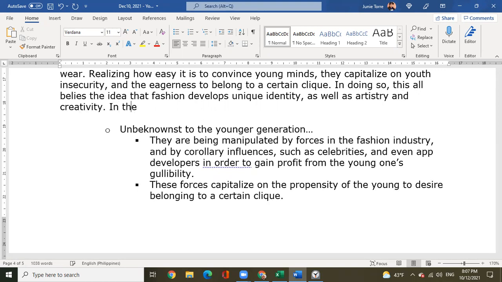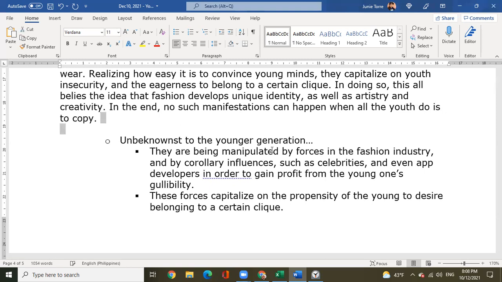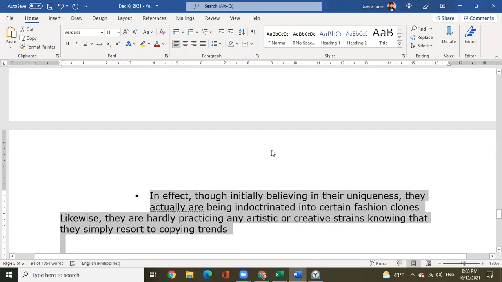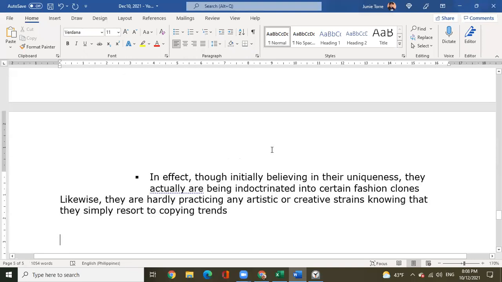Yeah, in the end, no such manifestations can happen when all the youth do is to copy there. All right. Oh, there are more arguments here. There.